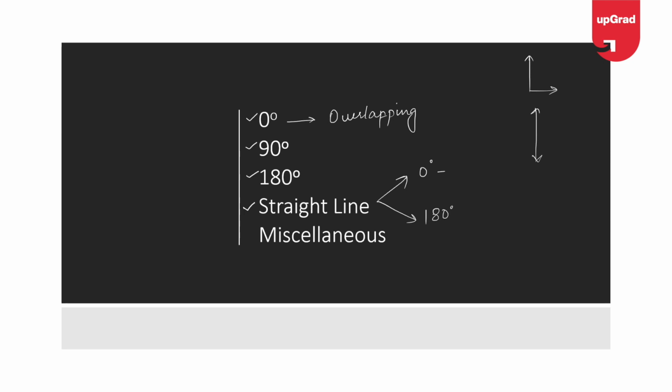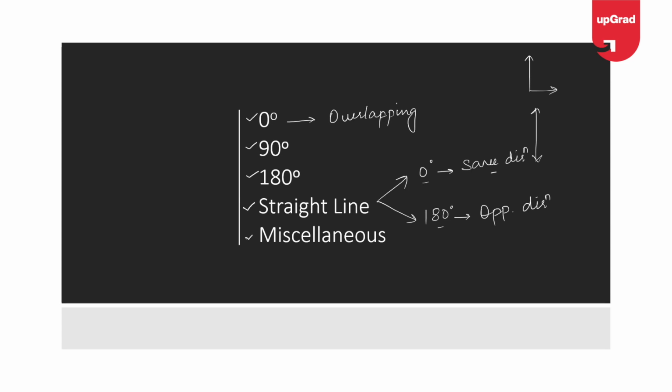Because 0 degree is a straight line in the same direction, whereas 180 degree is a straight line but in opposite direction. So you can see in a 0 degree situation, the needles are facing in the same direction, but they are overlapping. In the 180 degree situation, they are still a straight line, but are facing opposite to each other.